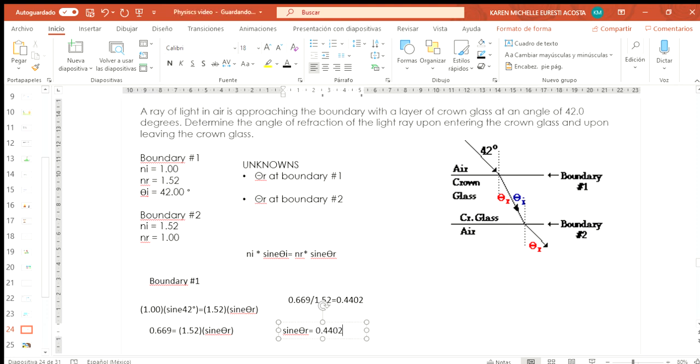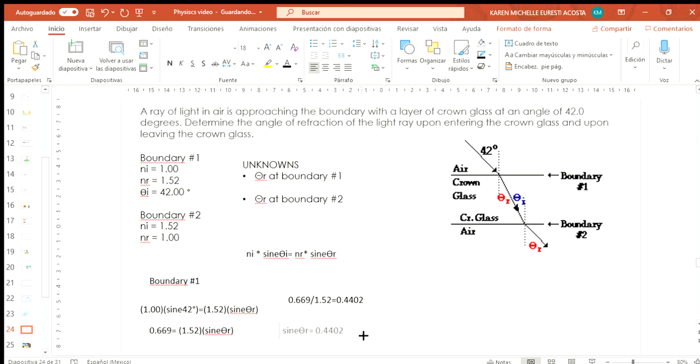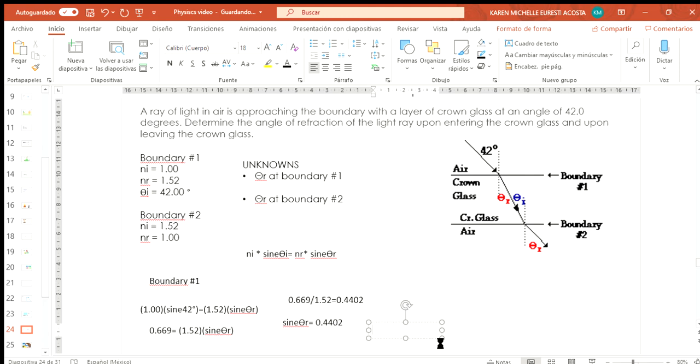But as we can see, we still have the sine of the angle, so we want to get rid of that. So we pass it to the other side as sine to the minus 1 times 0.4402.